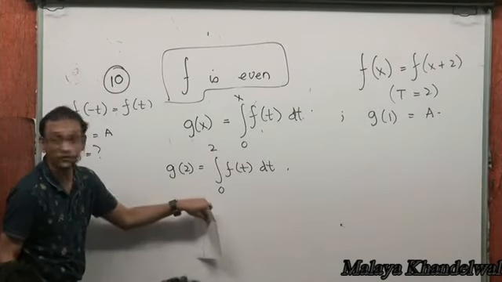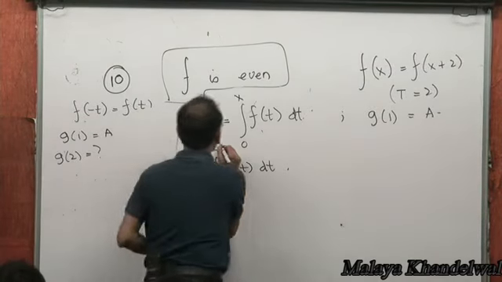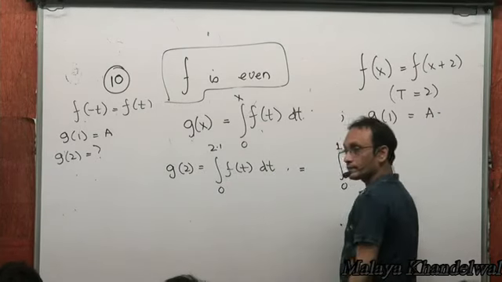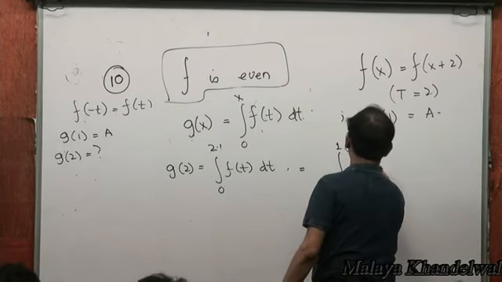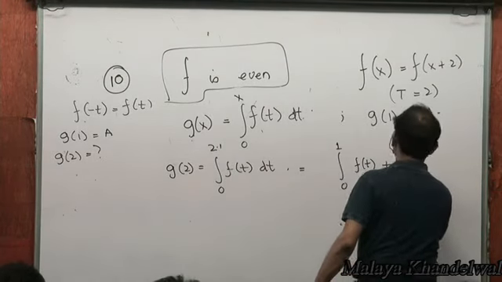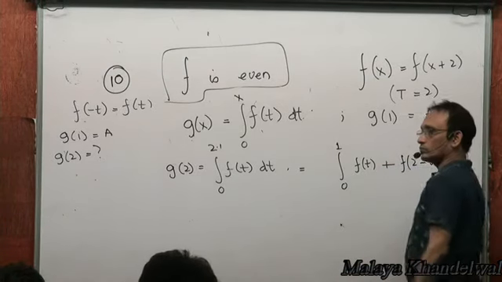So I want to halve the length of this integral, 0 to 2. So what I do is, this is the integral from 0 to 1 of f(t) plus f(2 - t) dt.